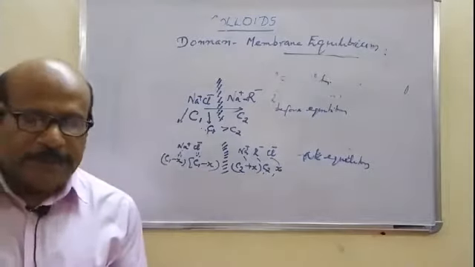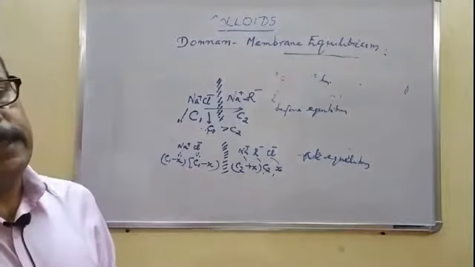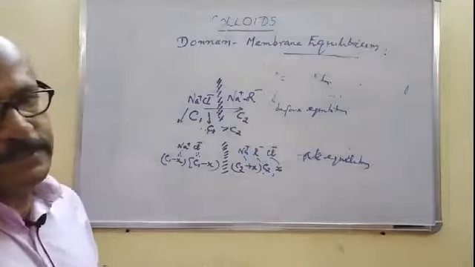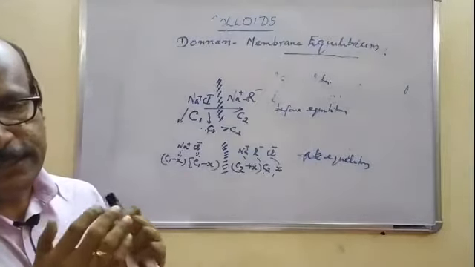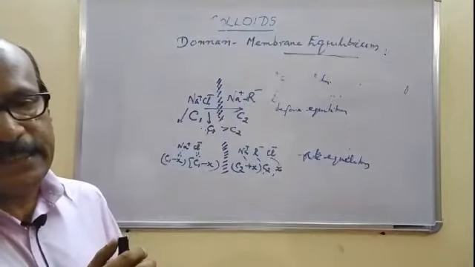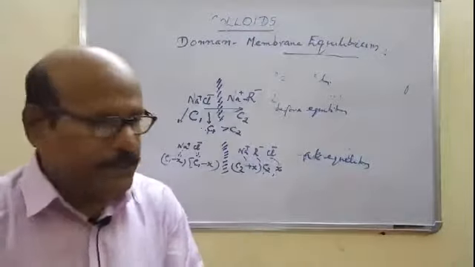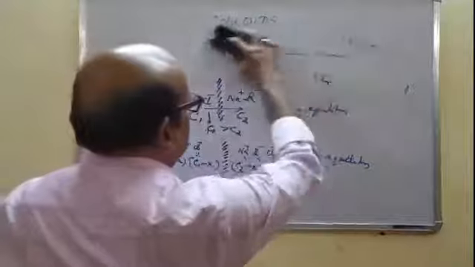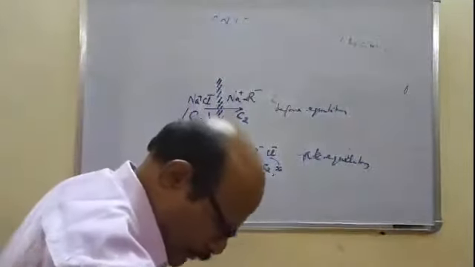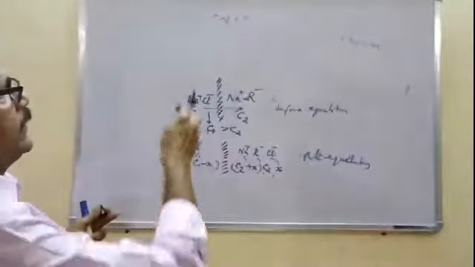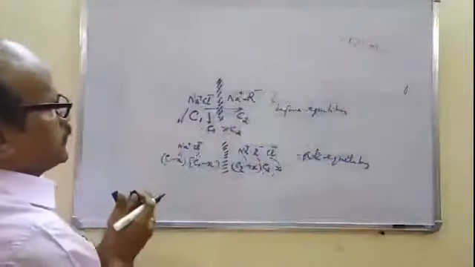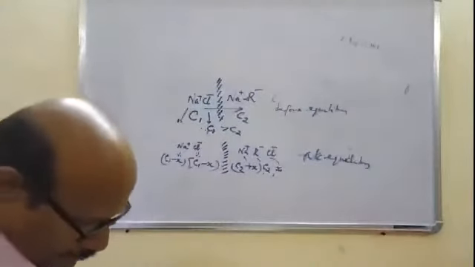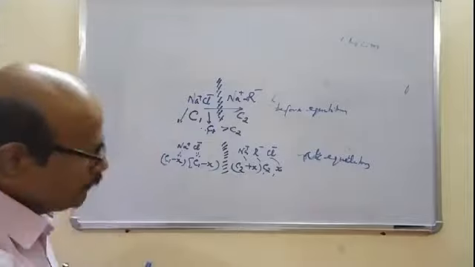Under the thermodynamic condition of equilibrium, okay, the concentration of NaCl on the left side and the right side should be equal. That is the condition of thermodynamic equilibrium. The requirement of the thermodynamic equilibrium is that the concentration of sodium chloride should be the same on both sides of the membrane.